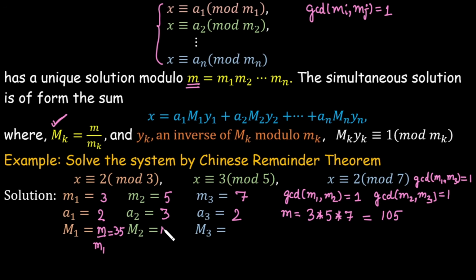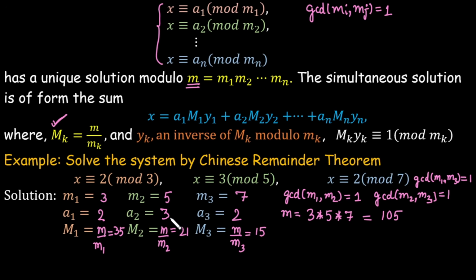Capital M2 is m divided by m2, which is 21. Capital M3 is m divided by m3, which is 15. So these are the 3 steps we need to do.